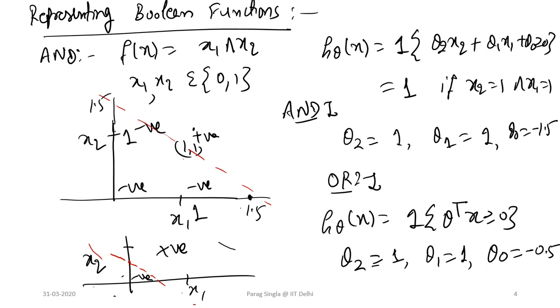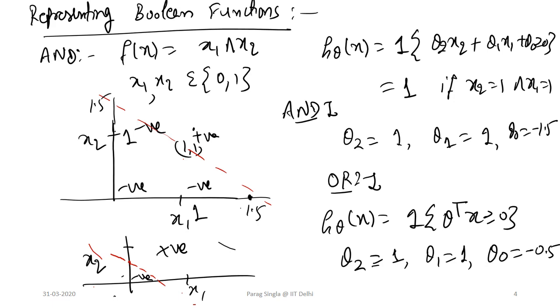To show this pictorially, let us look at this diagram where this is x1, this is x2, and this is 1, this is 1, and this is the only positive point, which is 1 comma 1. This is a negative point, this is a negative point, this is a negative point, and we are looking for a linear separator for these points.